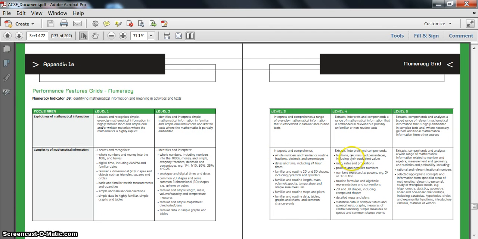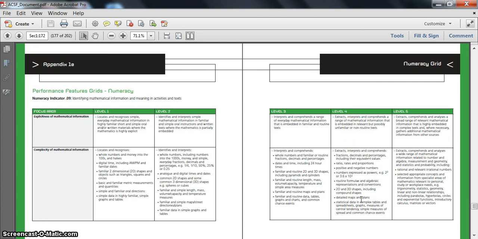The difference for me between level 3 and level 4 is the concepts of formula and algebraic equations. If any of the numeracy in your unit of competency requires them to do formula or algebraic equations, then it's a level 4 in that unit of competency.